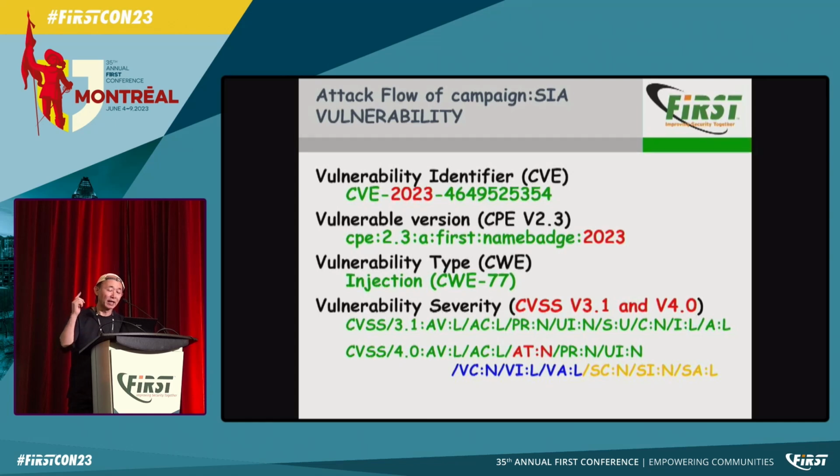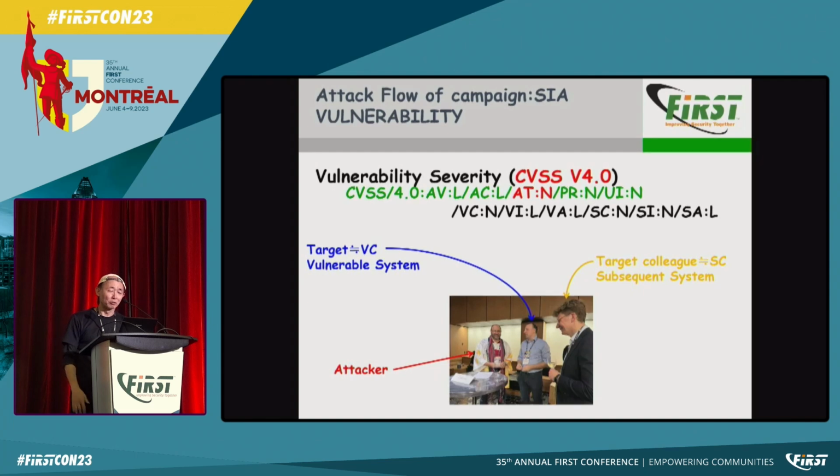In 4.0, AT is the attack requirements, VC is the vulnerable system component, and SC is the subsequent system component. I described the details. The target for VC is the vulnerable system. The target for the subsequent component is the subsequent system.